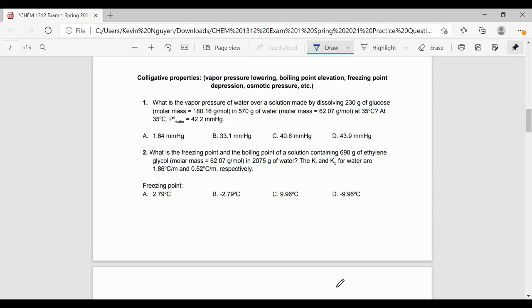They also gave us the pure vapor pressure of water, which is 42.2 millimeters of mercury. So what kind of equation do you guys want to use for this one?